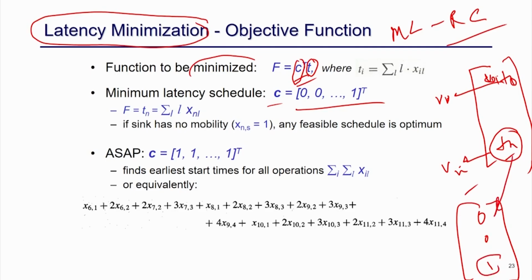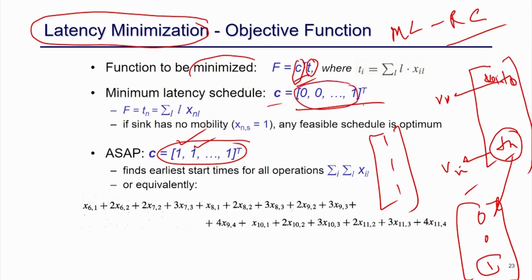Other values I do not care about. But in the ASAP solution I want to schedule all the operations as soon as possible, then your C will be all 1, so all operations try to find the minimum start value. So, for ASAP, C will be this; for the minimum latency MLRC problem, C will be 0 0 1, so 0 0 and the last bit is 1.